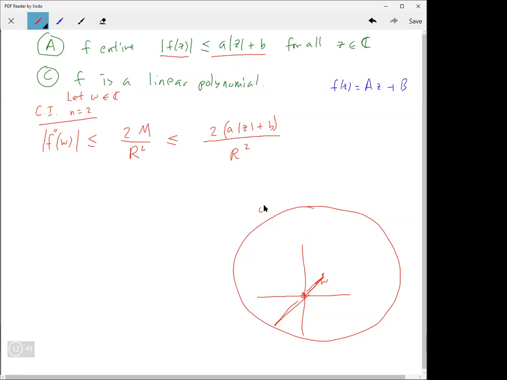For r greater than 2 times the magnitude of W, this distance here is more than r over 2, so the modulus of z is greater than or equal to r over 2.